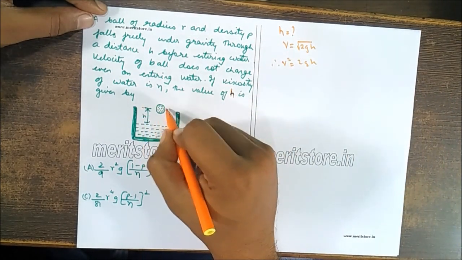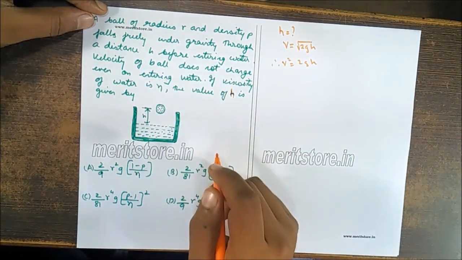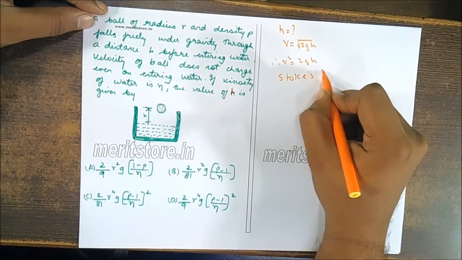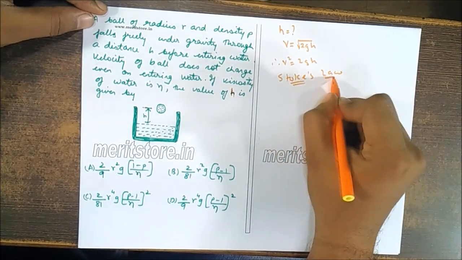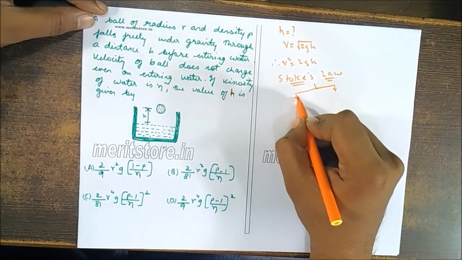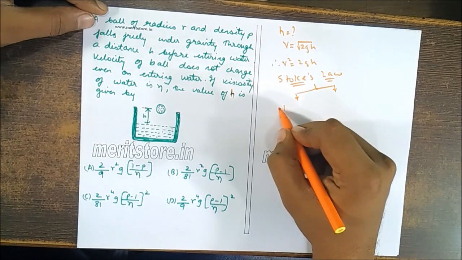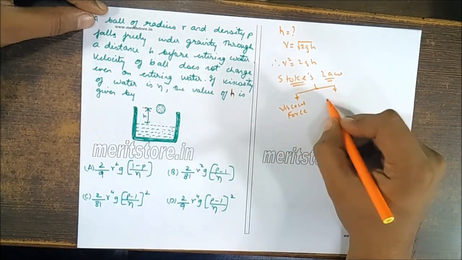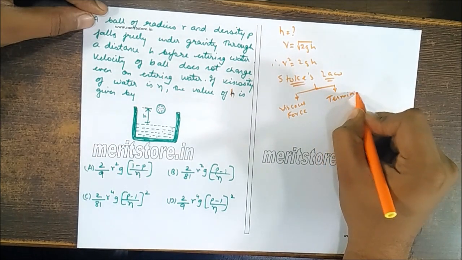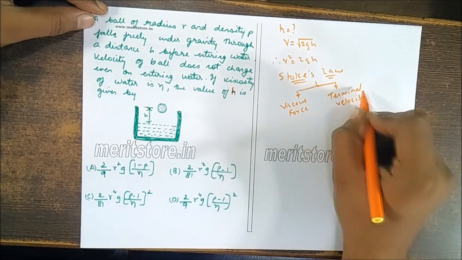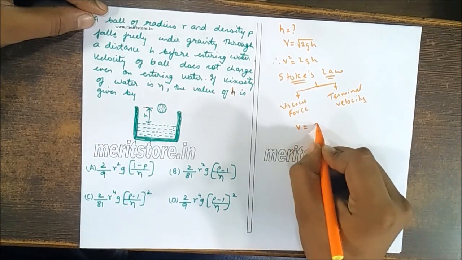Whenever you see a spherical body being dropped in a liquid medium, you'll straight away think of Stokes' law. Now Stokes' law is basically divided into two parts, that is viscous force and terminal velocity. So here we need velocity, hence we'll deal with terminal velocity.